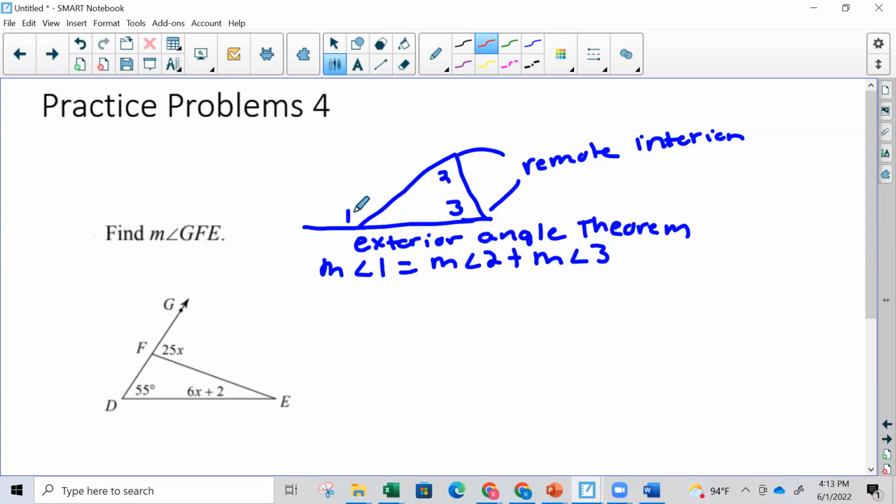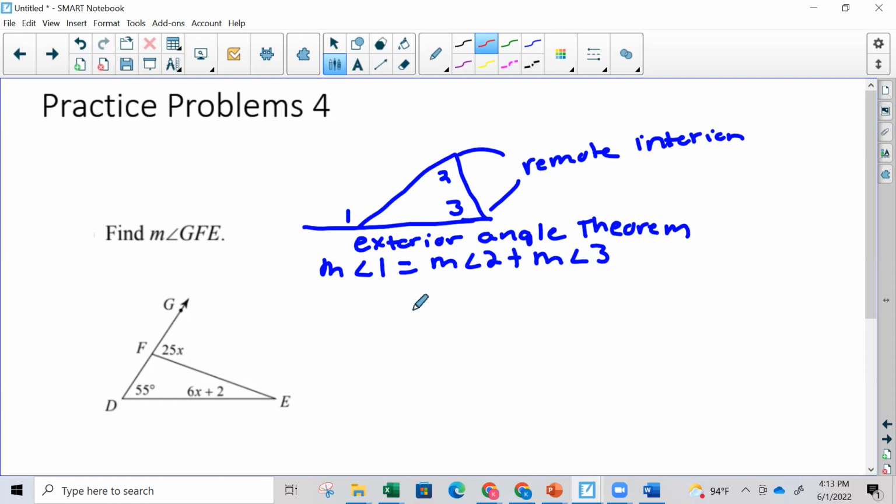And it's pretty much because angle 1 and this adjacent angle are supplementary. They add up to 180. And this angle and 2 and 3 are also supplementary. They add up to 180 because they form a triangle. And so because of that, this angle and the sum of these two angles are also going to be equal, since this is the same angle measure.